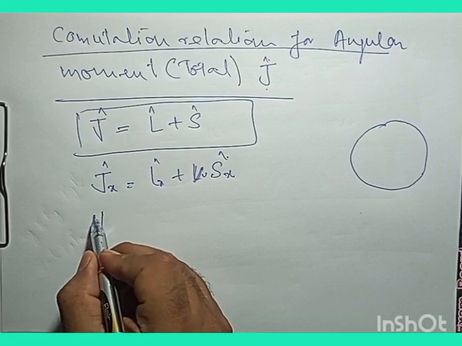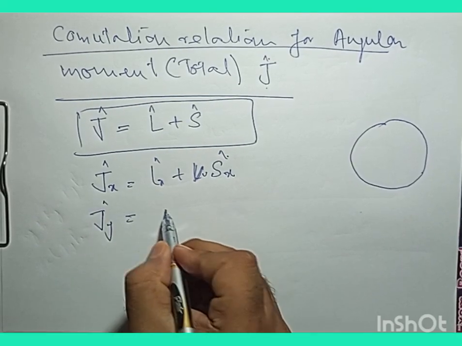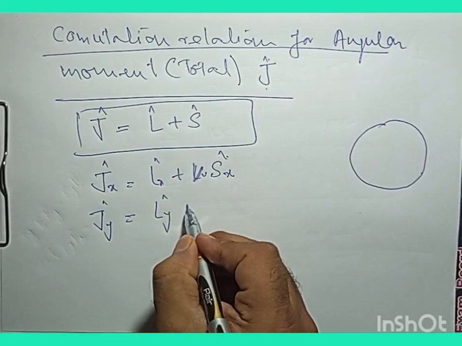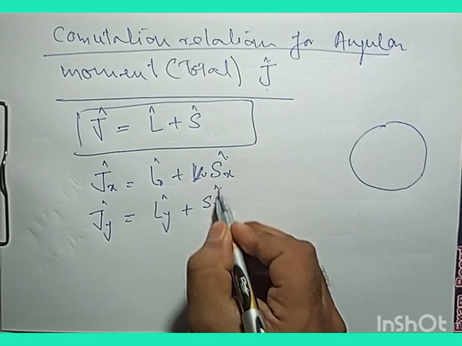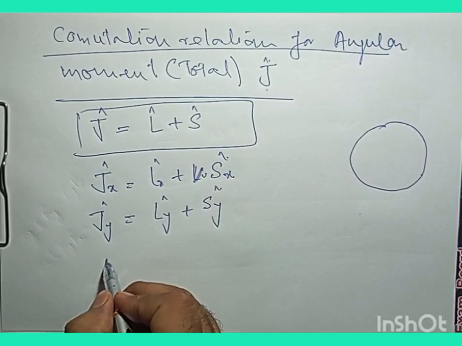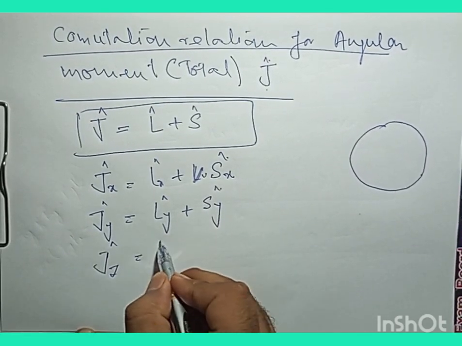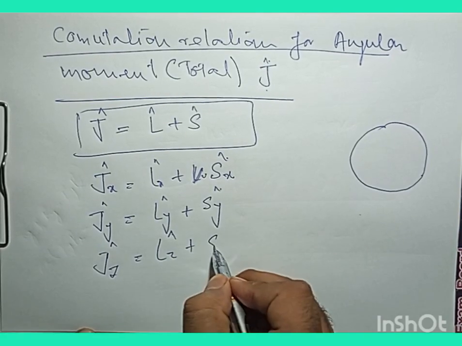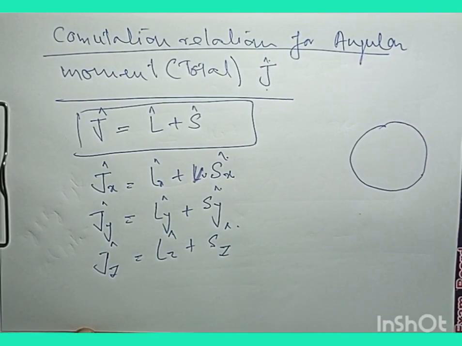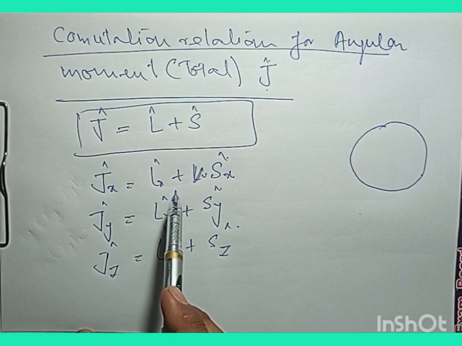We can write its y component as Jy cap is Ly cap plus Sy cap. And finally, Jz cap as Lz cap plus Sz cap. So these are the components of this total angular momentum vector J.